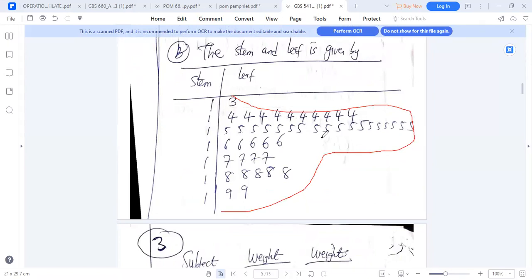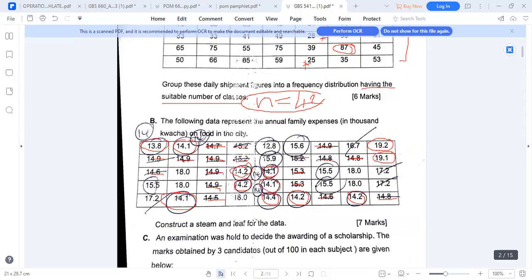So 13 was 1. 14 they were these ones. 15 were these. And then 16, these ones. These are subject to confirmation. We need to counter check there. The most important thing to do is to round up each of these figures here, and the total should give us the number.